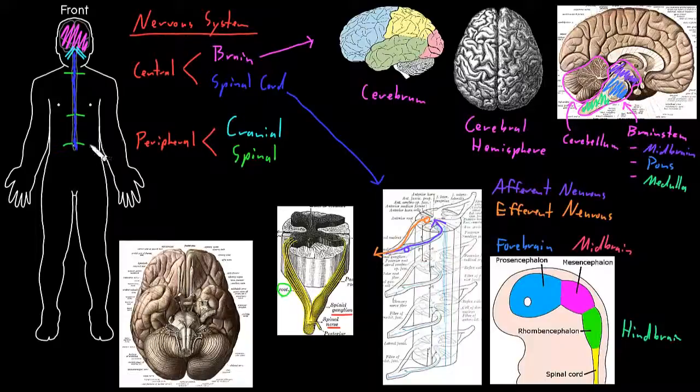Now, as any of these nerves travel from their proximal origin, proximal just meaning close to the center of the body, toward their distal ends, the word distal just meaning far away from the center of the body, or you can think of the word distant, all the nerves are going to branch repeatedly. So they're going to branch, and then they'll branch, and then they'll branch again, and they'll just keep branching into tinier and tinier branches, because they have a long way to go and they have to spread all the way out through the body.